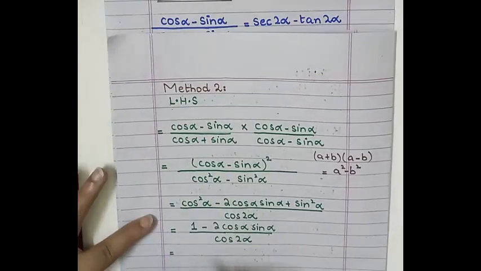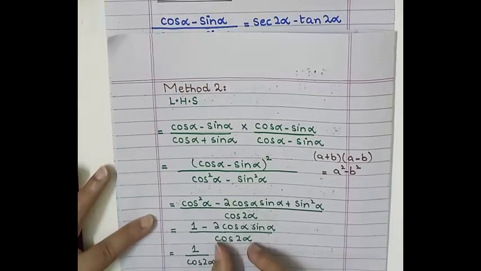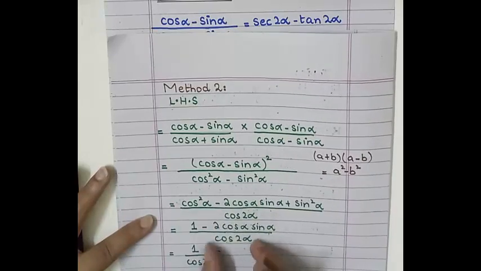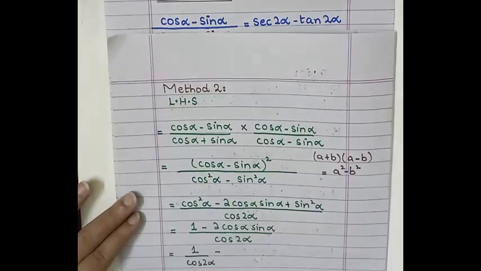Now separating out the terms, we have 1 over cos 2 alpha minus 2 cos alpha sin alpha divided by cos 2 alpha, because this cos 2 alpha is being divided by both of these terms.